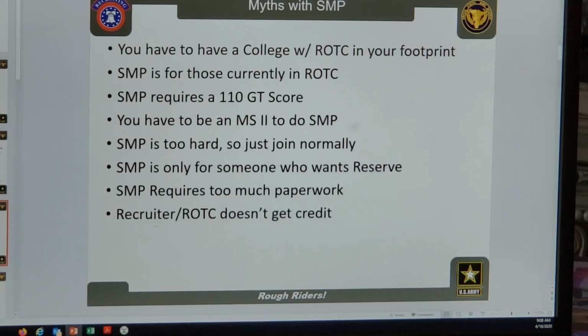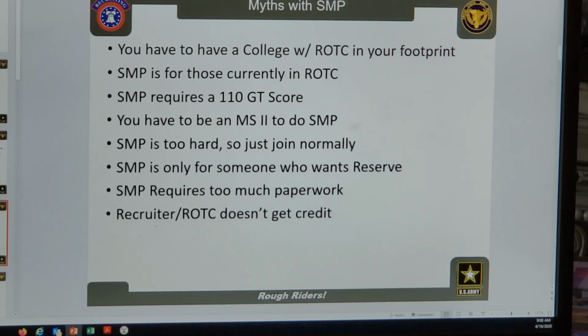So that young man that comes up to your table at school visit says, I want to go to ROTC, my end state goal is to be an infantry officer with the 82nd Airborne. He's not throwing you any objections. We can talk about SMP the right way and get him where he wants to go without jumping through any weird hoops, like 368s or any of that craziness. There is a possibility, and we'll get to that later in the class and show you how that's done. Okay.